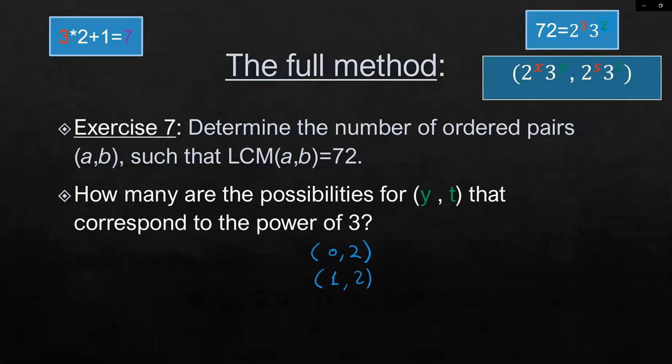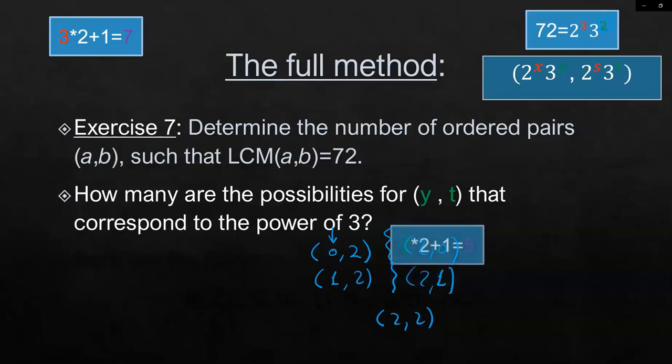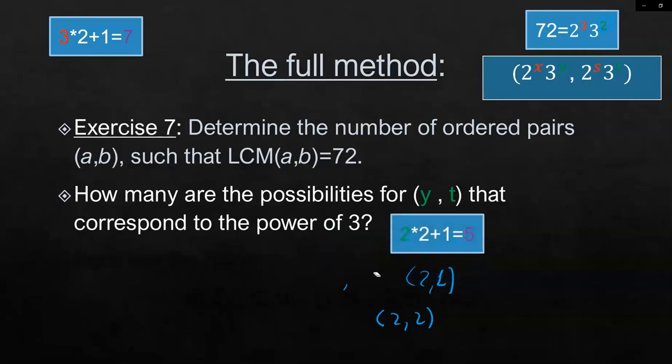We're just looking for the first component to be smaller than 2 and at least 0. So we have their mirror images as well, and we also have 2, 2. And so these are 5 choices that we have for this exponent.